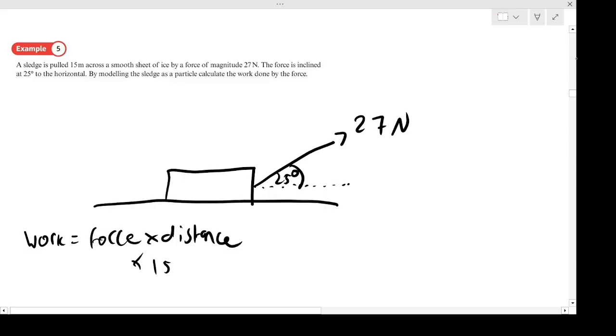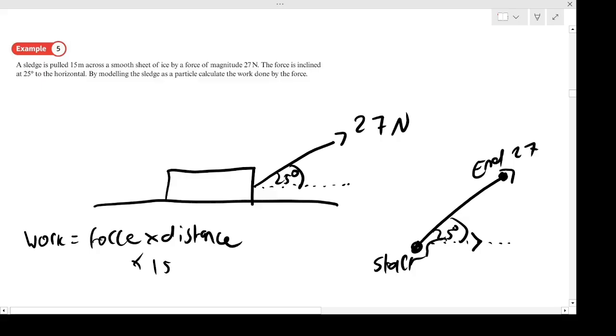If I draw out this force 27 at an angle 25, we first go horizontally, so straight ahead. If we start here and end here, first we go straight ahead, then we go straight up. So horizontally, then vertically up.